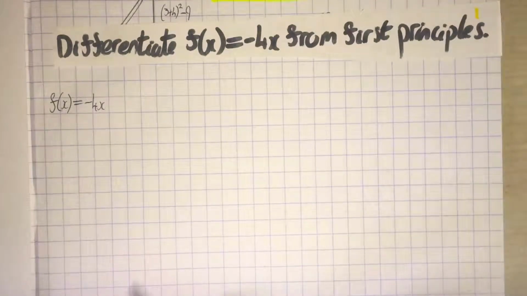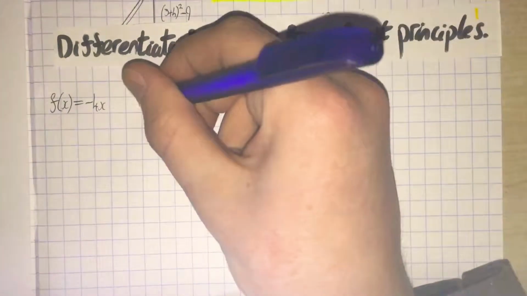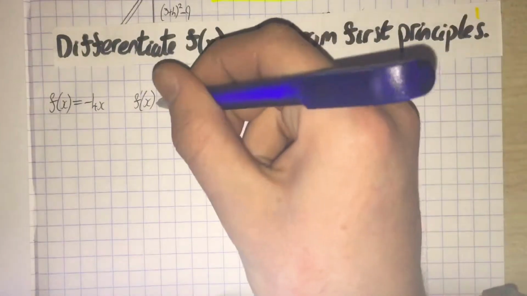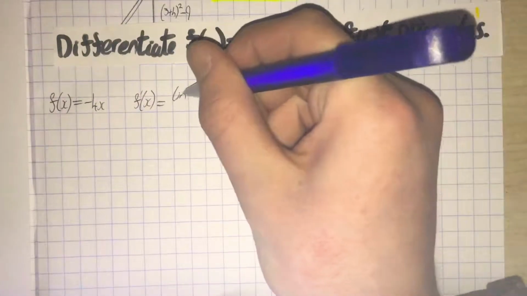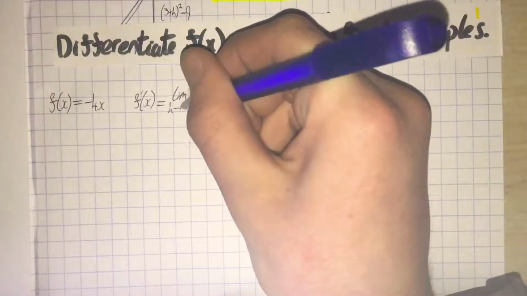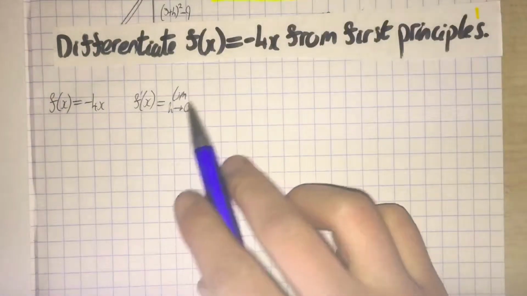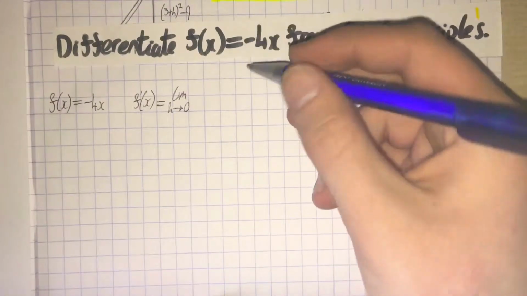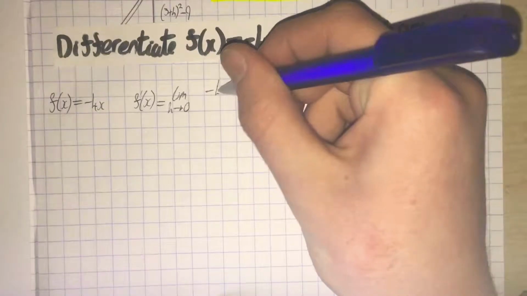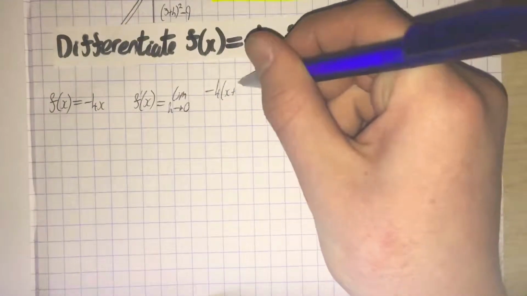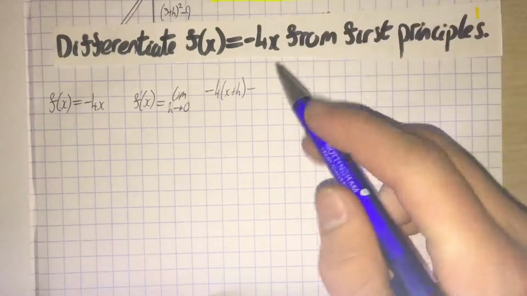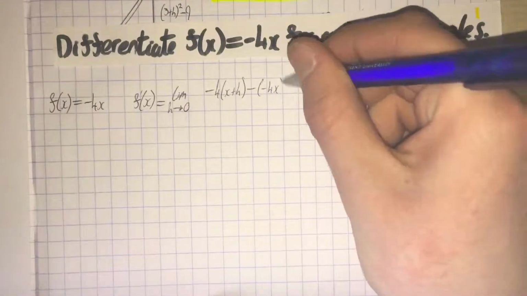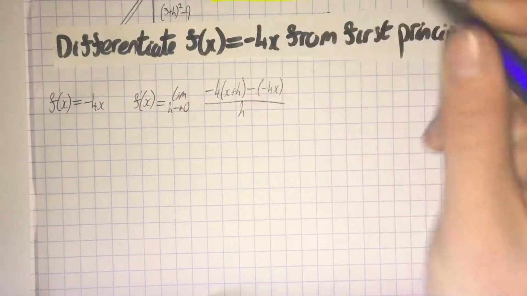So if we remember our standard notation, f dash of x will equal limits as h tends towards 0. Don't forget that, it is important. f of x plus h, so in this case that will just be minus 4 times (x plus h), minus our f of x equation, which is minus 4x, so brackets minus 4x, all over h.